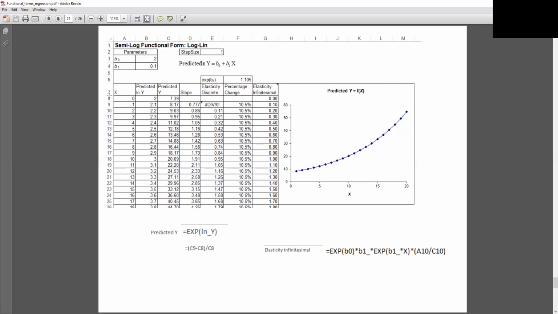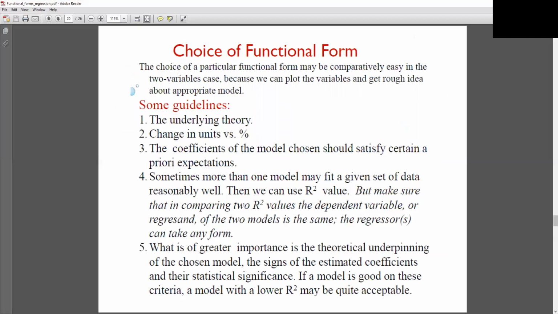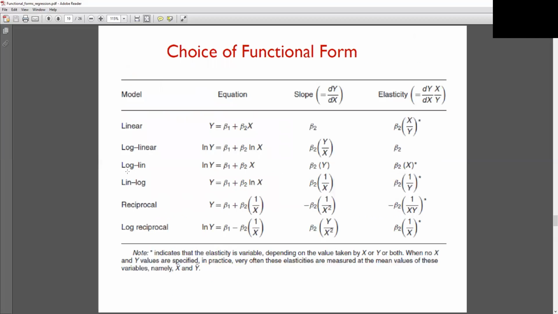But if you look at the general formula we use, it is given over here. In the case of a log-lin model, we can obtain elasticity by simply multiplying the slope by the mean of x.